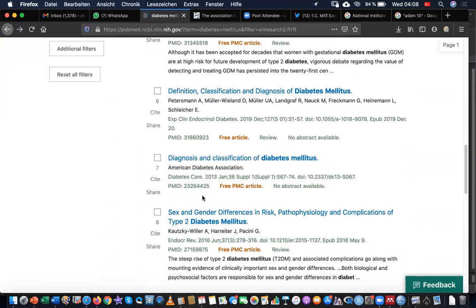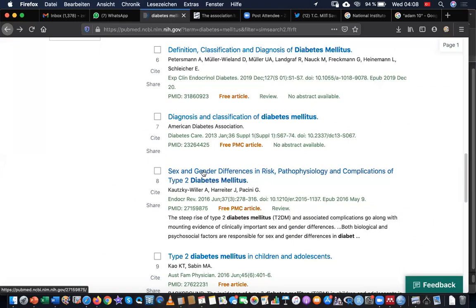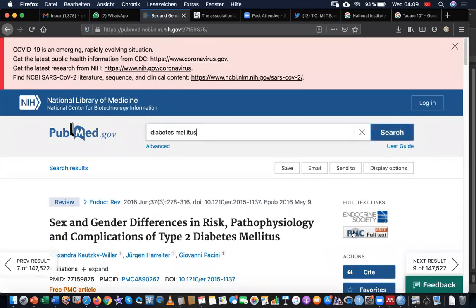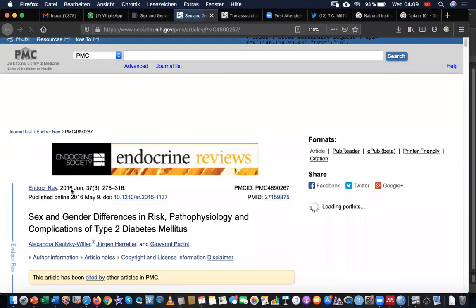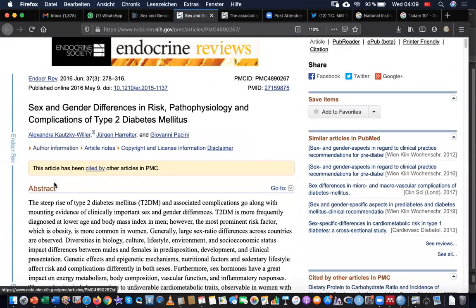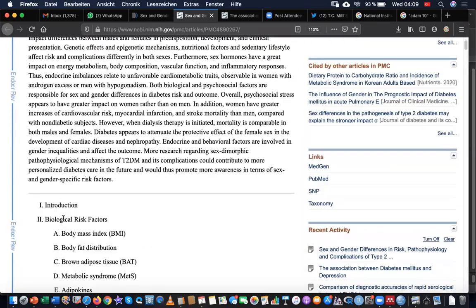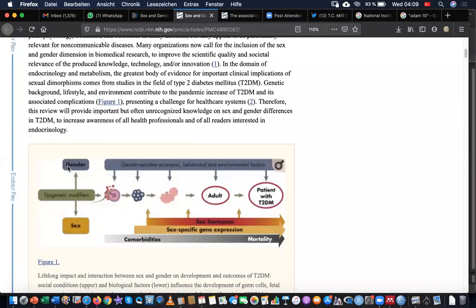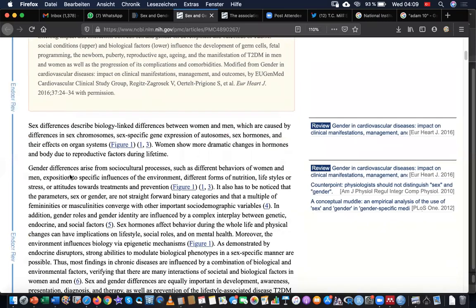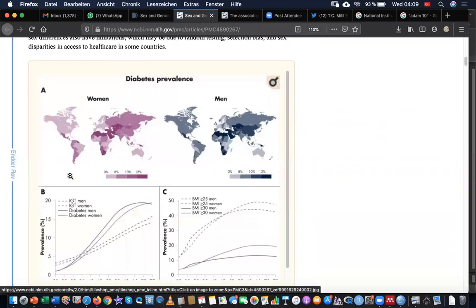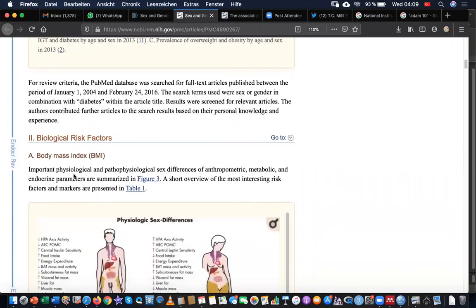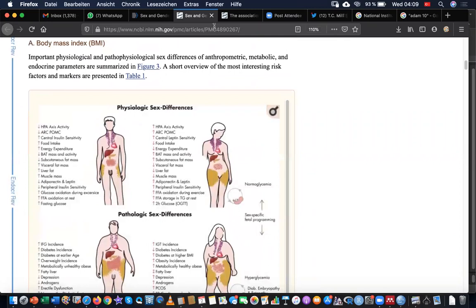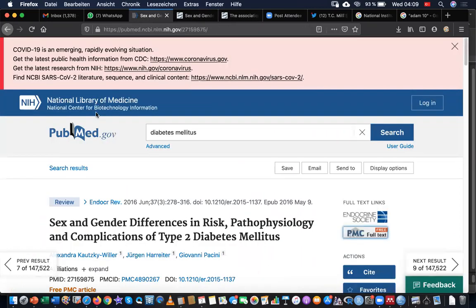Definition, classification, diagnosis. Okay, here is something: sex and gender differences in risk, pathophysiology. See the full text. Again, we have the title, the authors, the abstract. Then the introduction. I hope this is the research. It seems like another review.